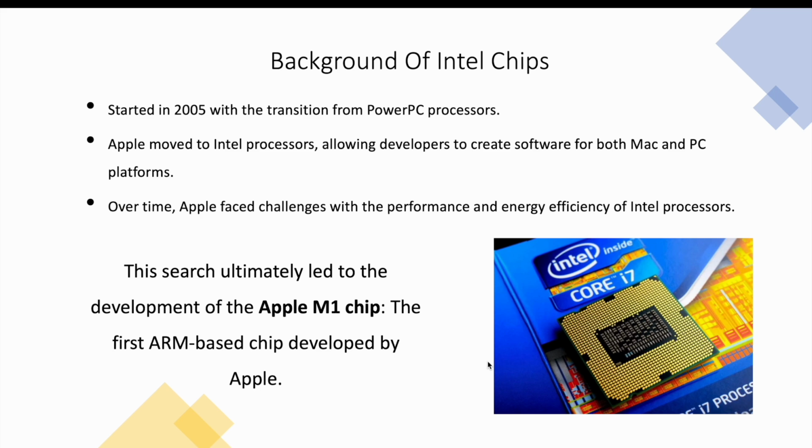But over time, Apple faced challenges with the performance and energy efficiency of Intel processors. These issues led the company to look for an alternative solution that could deliver better performance and energy efficiency. This search ultimately led to the development of the Apple M1 chip, which is the first ARM-based chip developed by Apple.